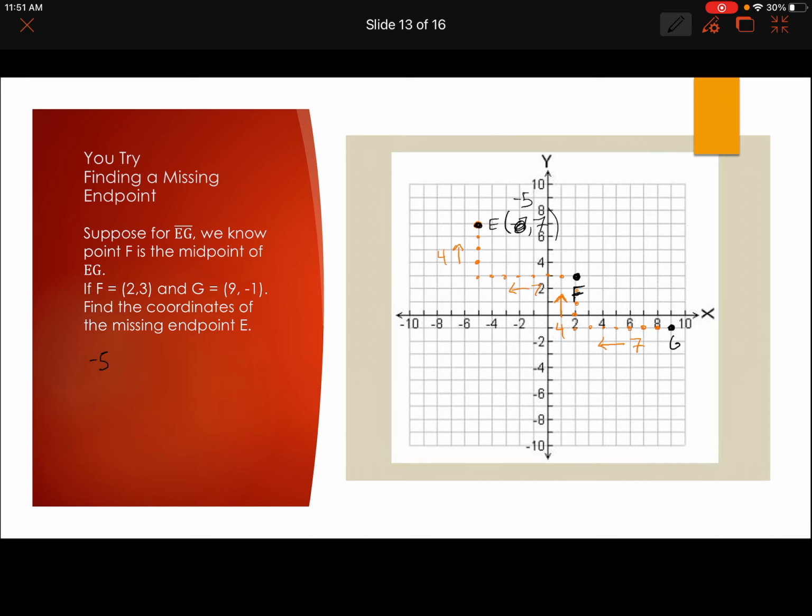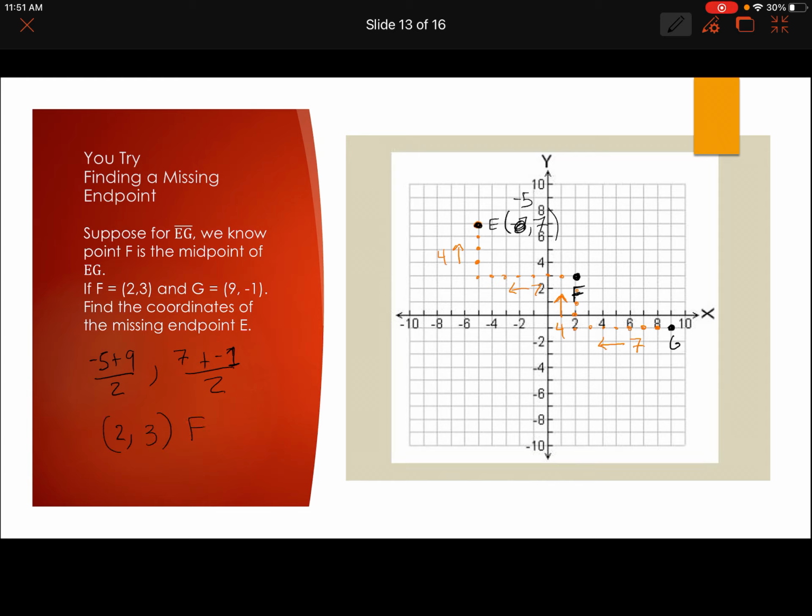So we would have -5 plus 9 divided by 2. And the y-coordinate for E is 7, and the y-coordinate for G is -1, and we divide those by 2. So -5 plus 9 is 4, and 4 divided by 2 is 2. 7 plus -1 is 6, and 6 divided by 2 is 3.